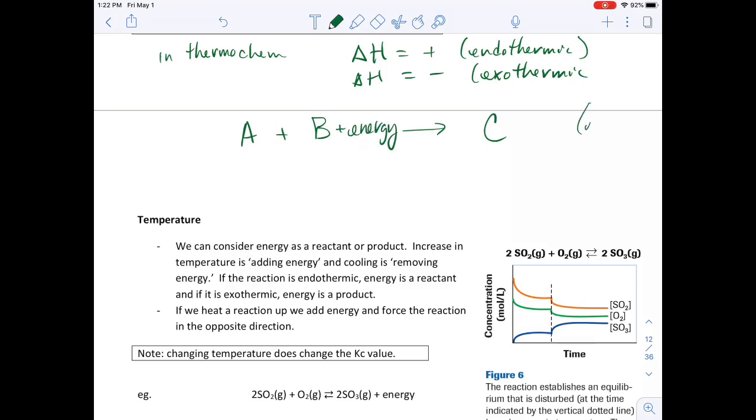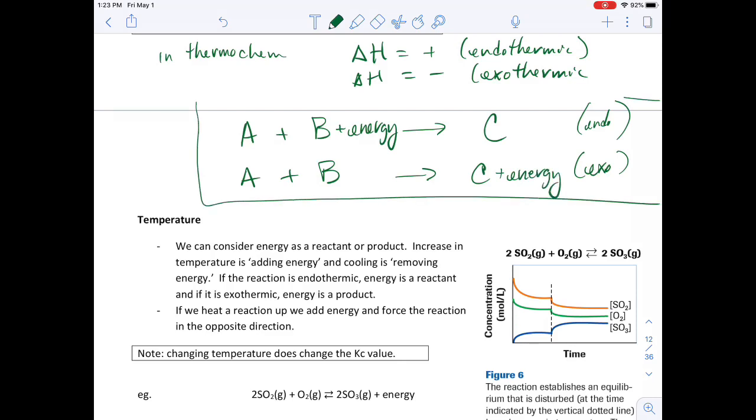If A plus B made C and this was exothermic, the energy would be written as a product. We need to see this relationship before we can talk about Le Chatelier's.